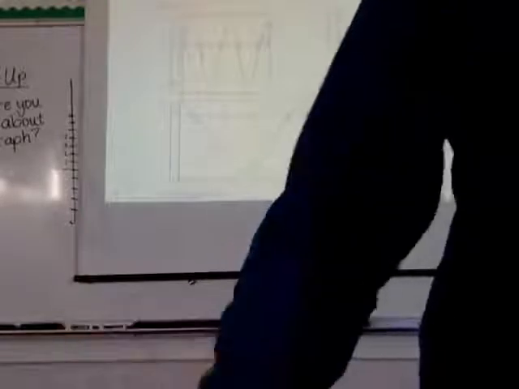Number 1. Let's look at number 1. These are not drawn perfectly, so I want to get your input for it. Look what we're finding. We're just trying to find the period, the frequency, the midline, and the amplitude. So we're finding our 4 things here.